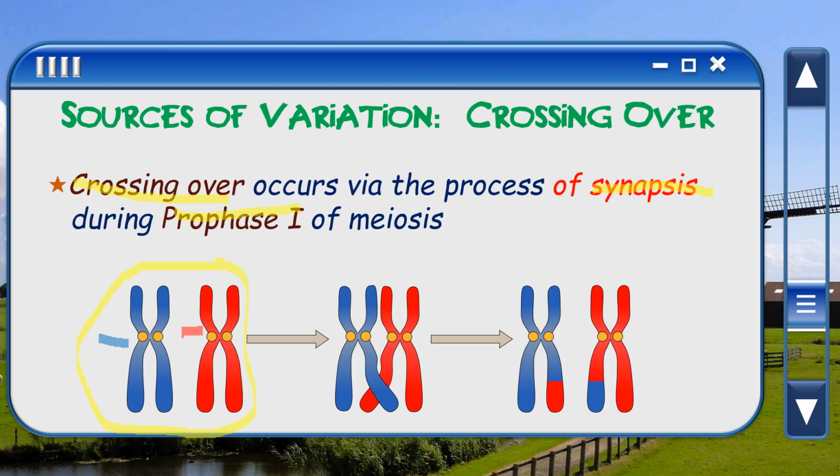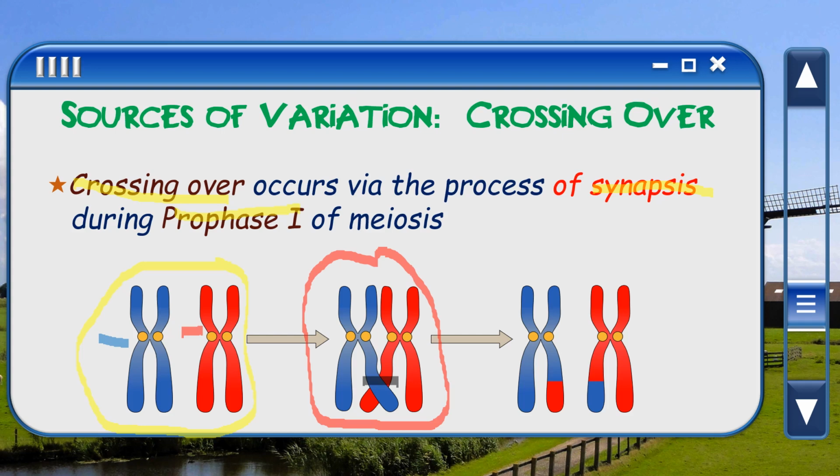In moving together, they may form what we call a synapse, where the chromatids of non-sister chromatids, of different homologous chromosomes, cross each other. When they cross each other, they form what we are calling the crossing over.